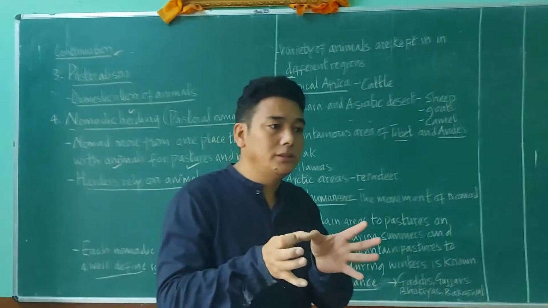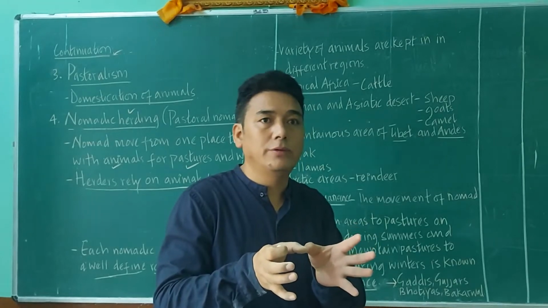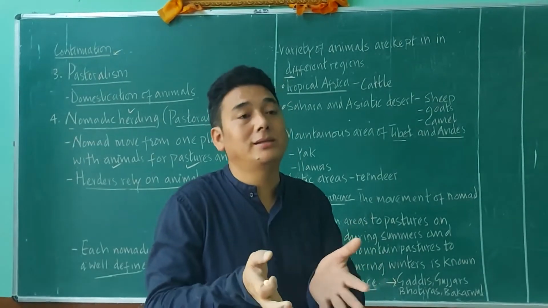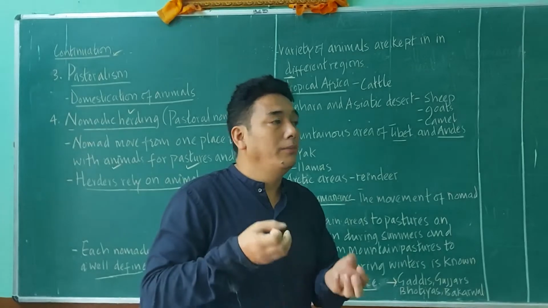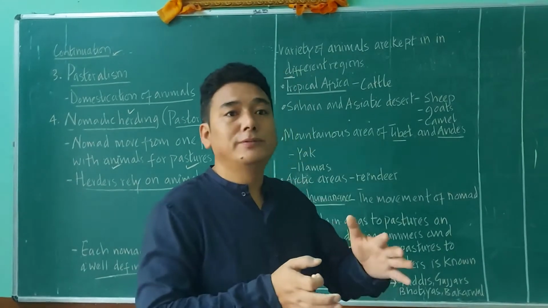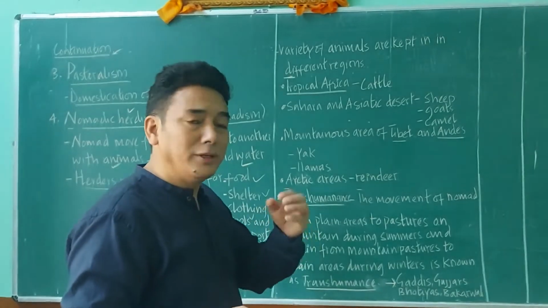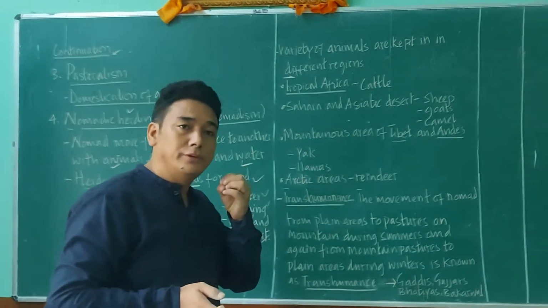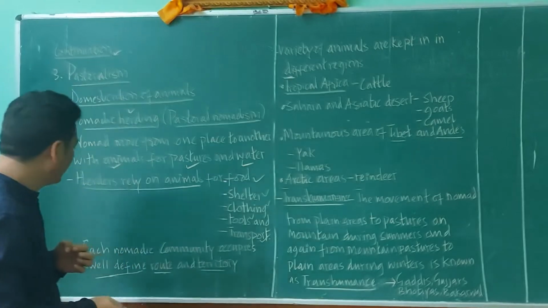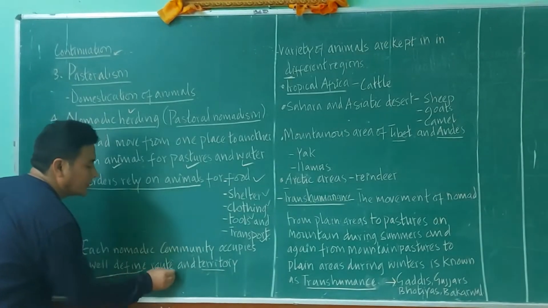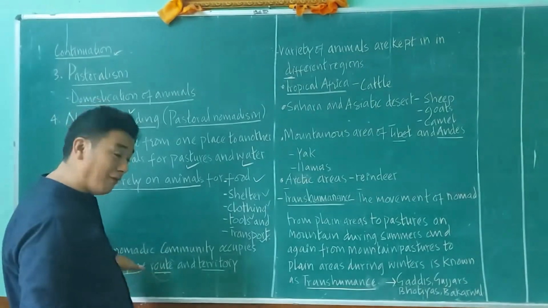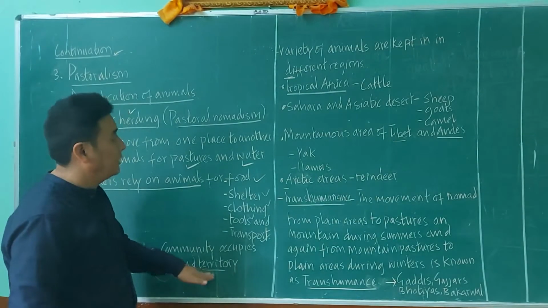That territory is a disputed area, but a long time back it is where the nomads moved, here and there, most probably during the summertime. So they have different well-defined routes and territory.